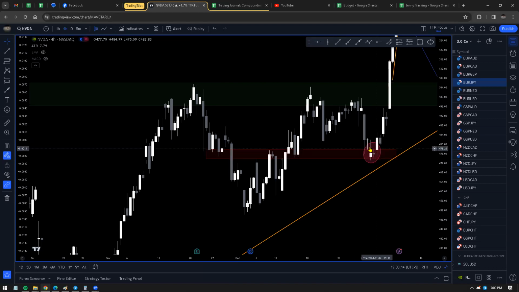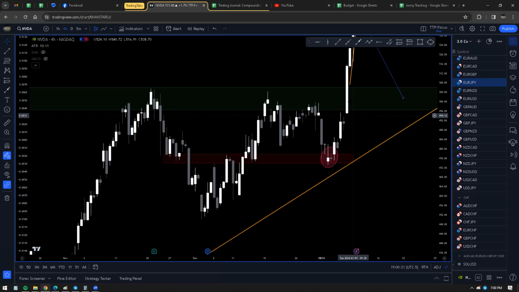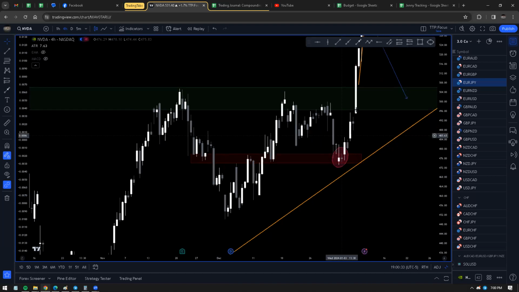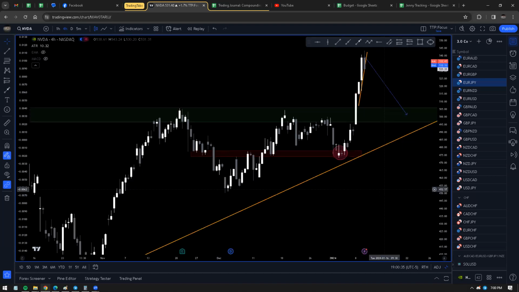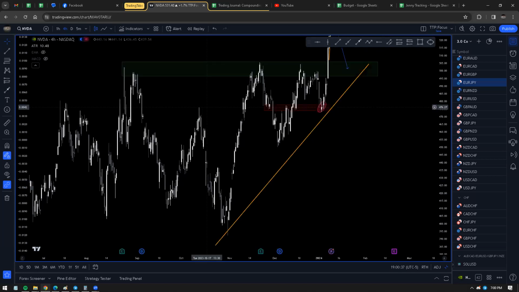In comparison to all this stuff, this is starting to show me buyers are in the market at this level. For whatever reason, who cares? I just want to be whoever else is also winning in this market. I want to be on their side. And so that would have been a perfect entry for me. Once again, I would have already targeted previous highs, not necessarily a higher high, because I'm not even sure where Nvidia is going to go.